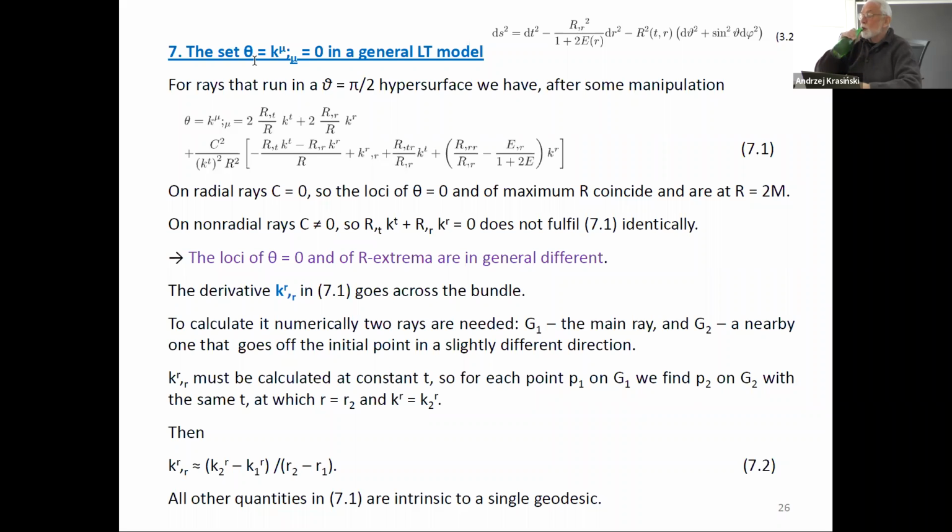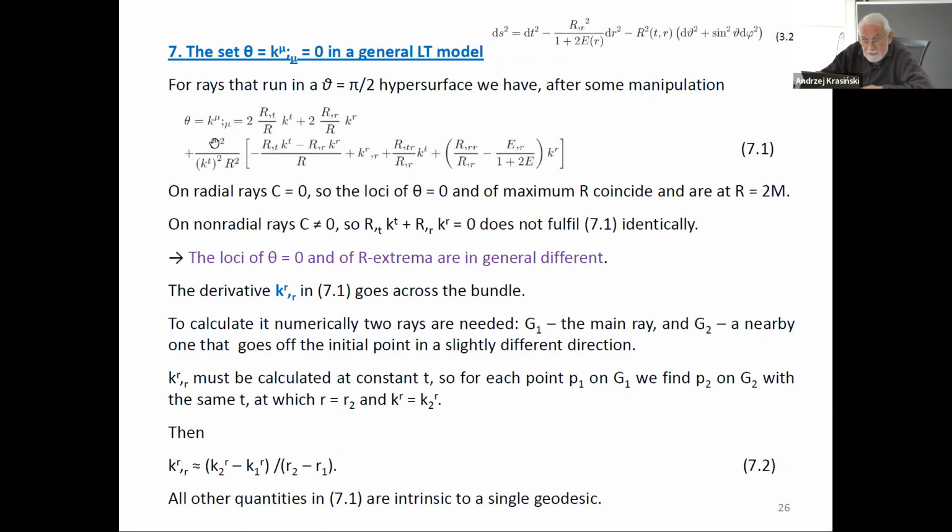Now let's discuss the set where the expansion scalar of the family of light rays becomes 0, first in a general Lemaitre-Tolman model. After some manipulation, this is the formula for the expansion scalar.